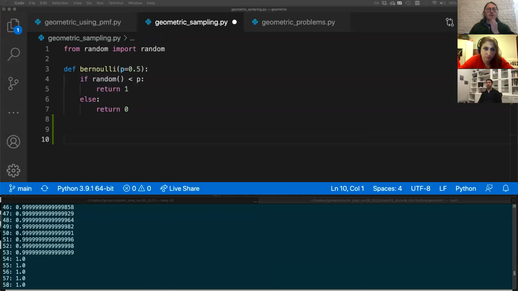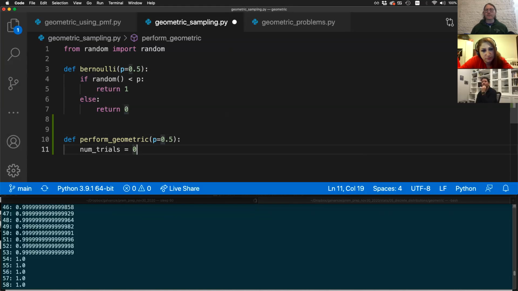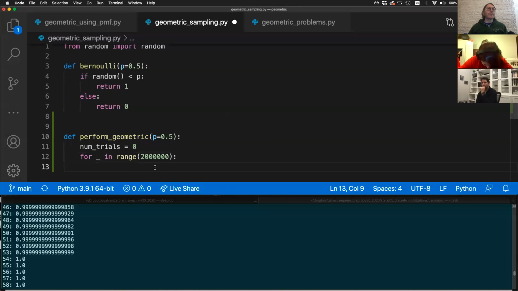As I said, let me just write some code to demonstrate what I'm getting at here. So I'm going to perform geometric, and let's set the probability to 0.5. And we'll set number of trials. We're just counting the number of trials as we do this. And I'm going to say for whatever in range, and my range is going to be arbitrarily large. I could use a while loop here, but are we likely to get close to this?